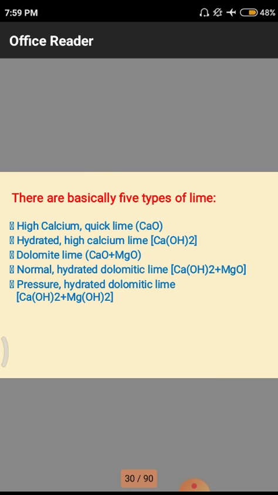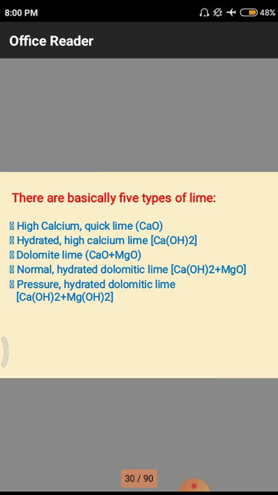Second is hydrated high calcium lime. Hydrated means whenever we add water to the material, it becomes a hydrated material. So in the previous case we have CaO, we add H2O to CaO, CaO plus H2O, and it becomes Ca(OH)2.